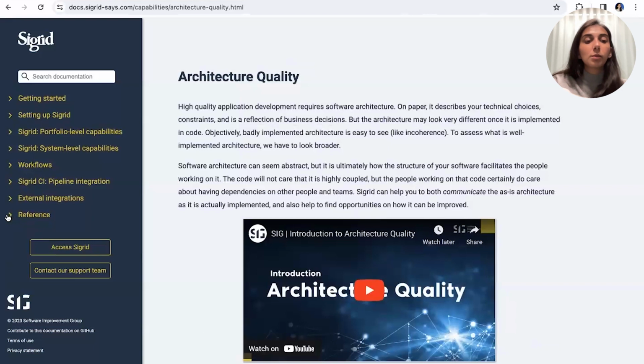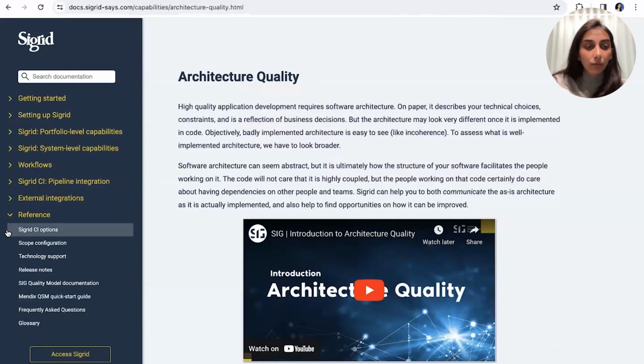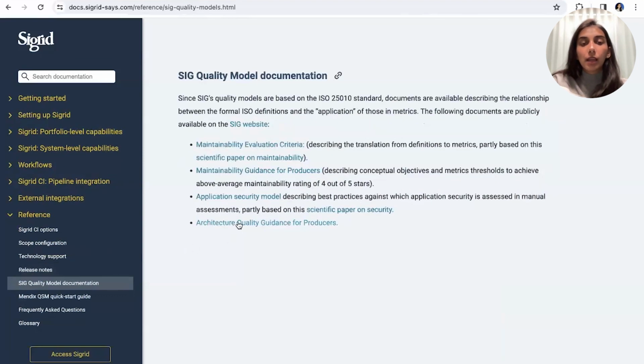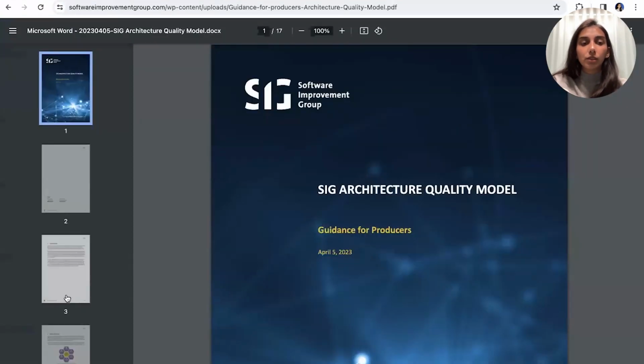But if you want to read much more detail about what these metrics mean and how they apply to me, one thing that would be very handy is if you go to references, to quality model documentation, there is a guidance for producers for this particular feature, which is architecture quality.